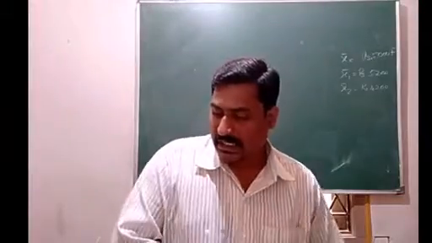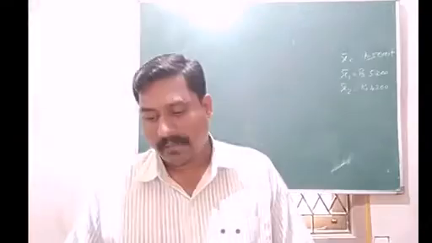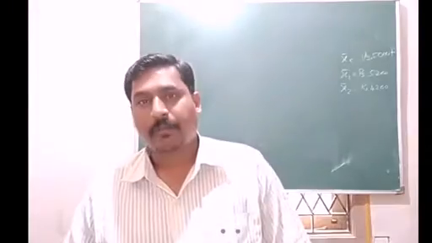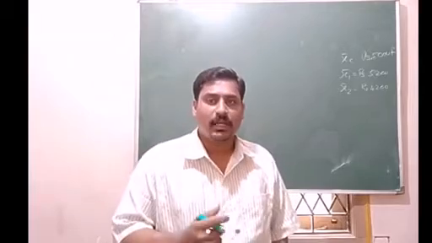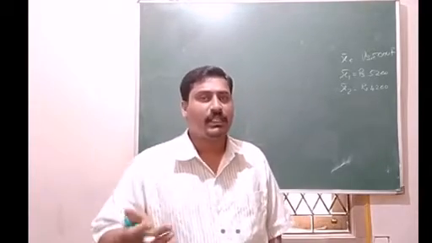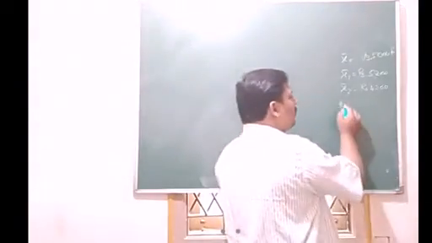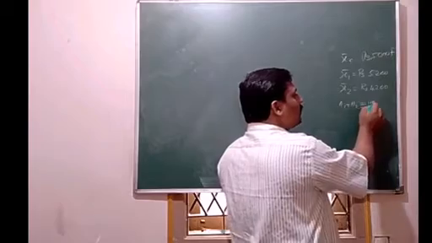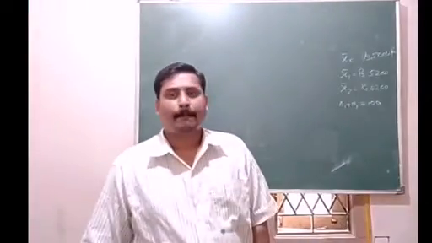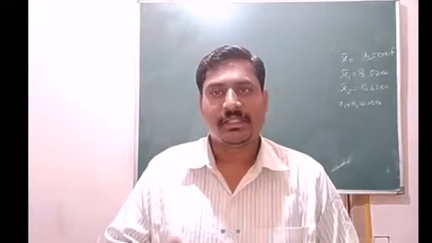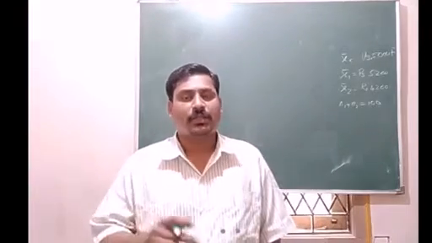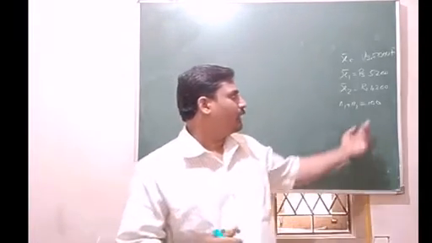Next, find the percentage of male and female employees in the company. So they are asking to find percentage, which is equal to 100. That is n1 plus n2 is equal to 100. When we add both populations, the number of observations, we get the total.